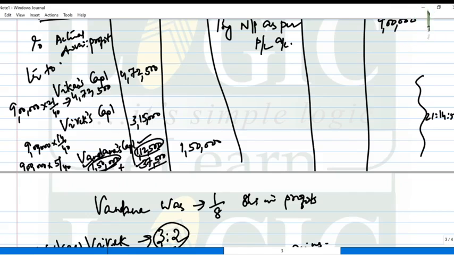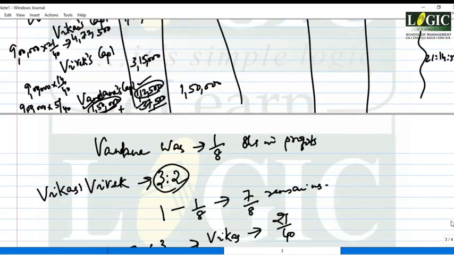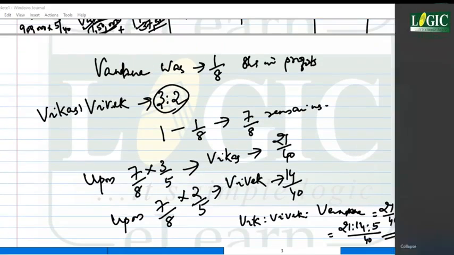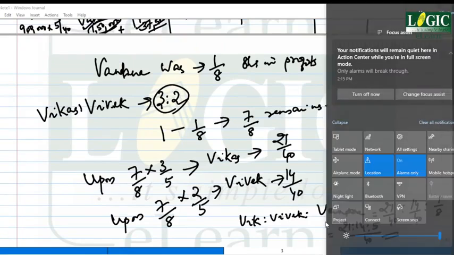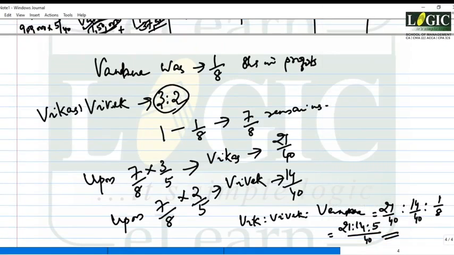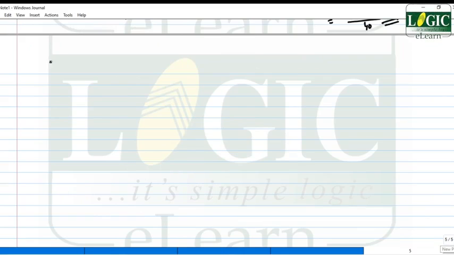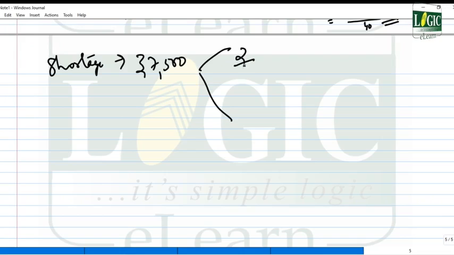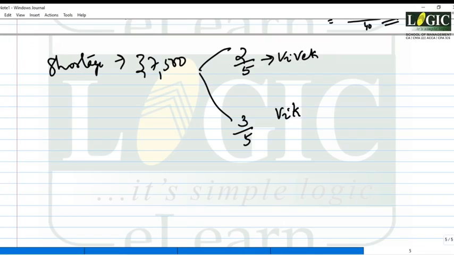So this 37,500 provided to Vandana is to be borne between the other two people in the ratio 2:3. How much is the shortage? 37,500. Upon that, 2 by 5 goes to Vivek and 3 by 5 goes to Vikas.